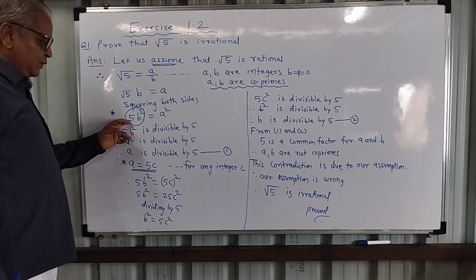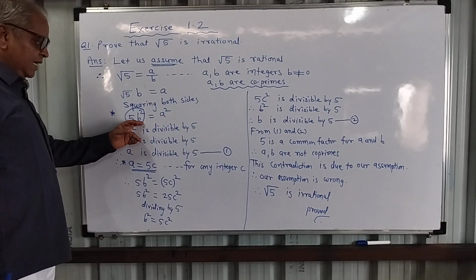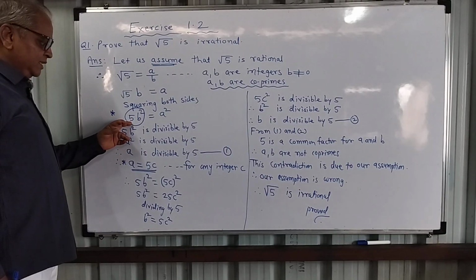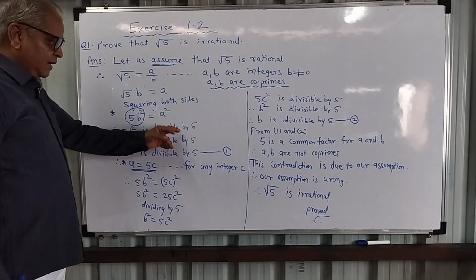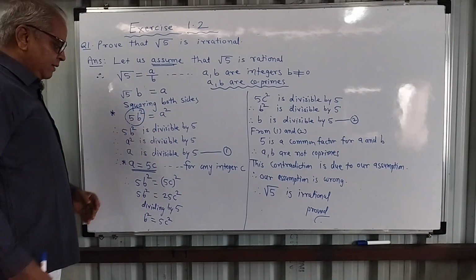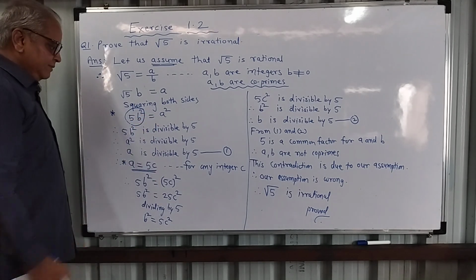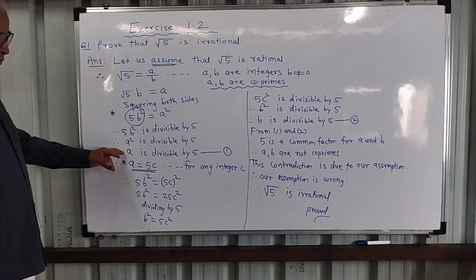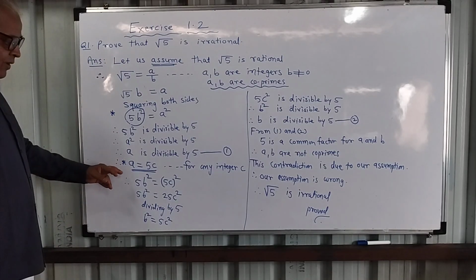As there is 5 into B square on the LHS, that means 5B square is divisible by 5. As LHS is divisible by 5, RHS has to be divisible by 5. Therefore, A square is divisible by 5. Therefore, A is divisible by 5.